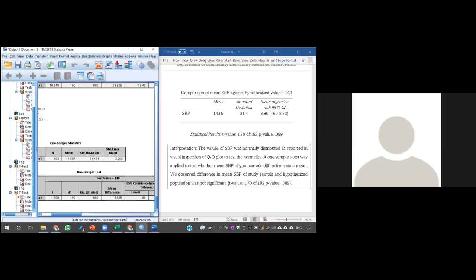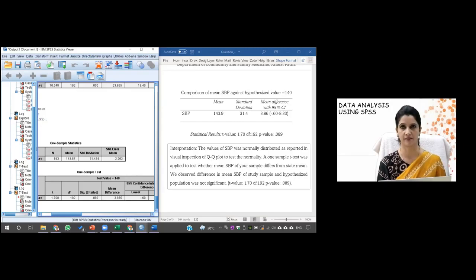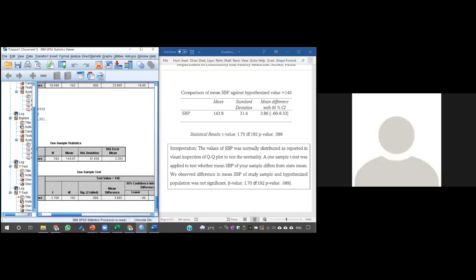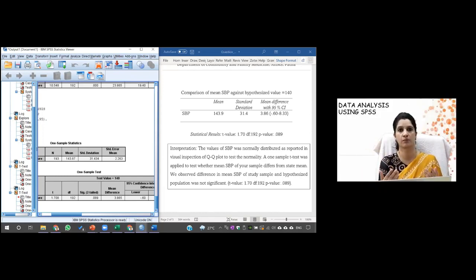Ma'am, and also in linear regression, we also say that if 0 is coming in between, then it's also non-significant, right? Yes, we'll do that also. It depends whether you are comparing it in terms of a difference or in terms of a ratio. Then the value of the confidence interval changes from 0 or 1.